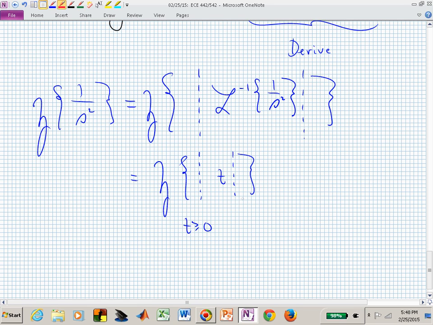And remember, these dashed vertical lines mean that we're replacing little t with a sampled horizontal or independent axis, and we are now looking at the z transform of little n capital T for n greater than or equal to 0.